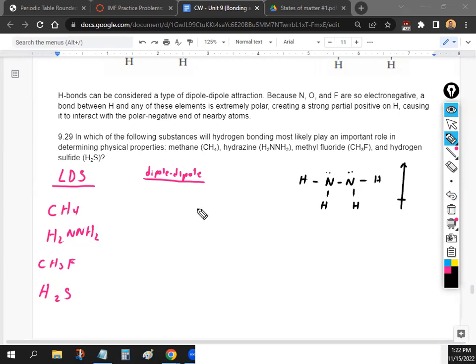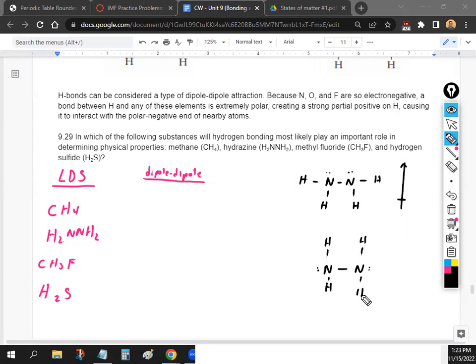Would it put the H on the bottom or the top? It doesn't matter. If you really wanted to, you can put the H's on the bottom and the top, and put the lone pair electrons to the side. Oh, okay, I see what you're saying. Like this, right? Yeah, that's a good point.